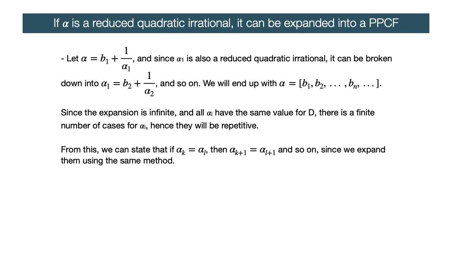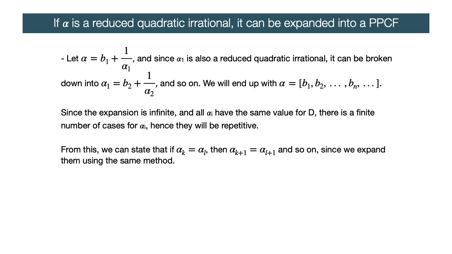So eventually we will end up with alpha equals b1, b2, b3, dot dot dot. Since the expansion is infinite and all alpha i have to have the same value for d, there is a finite number of cases for the alphas.